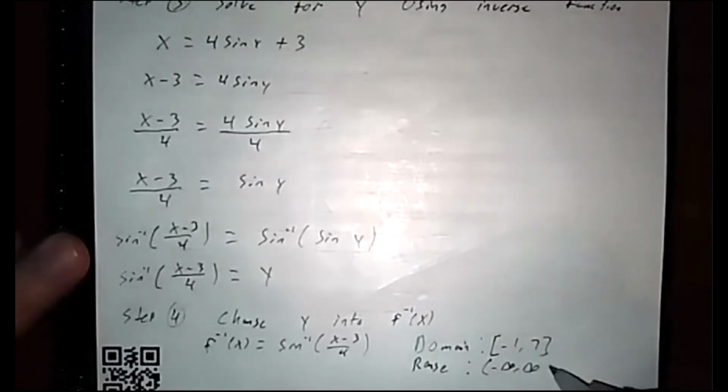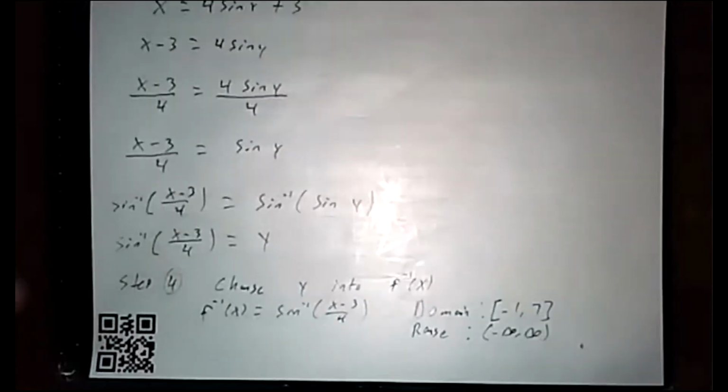Domain: remember we said that the range of the original becomes the domain of the inverse. So it'll be -1 to 7. The range will be -infinity to infinity. Do any of those steps not make sense?